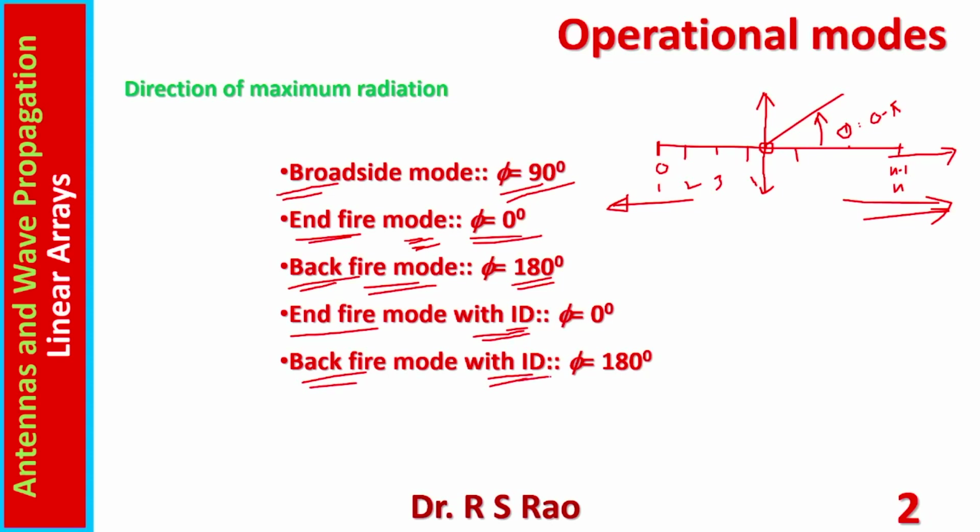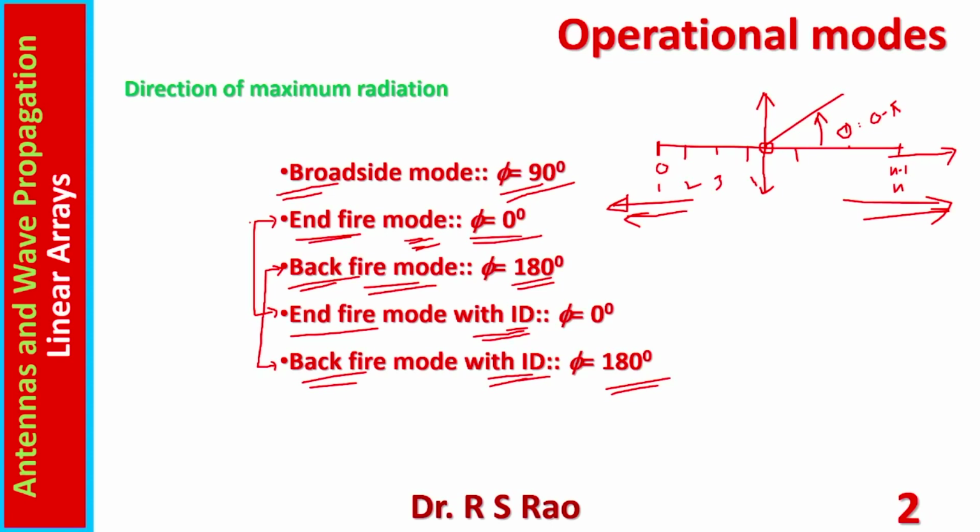In this case, the direction of maximum radiation is opposite to the length of the array, meaning leftwards, like in the case of backfire mode. When it comes to direction of maximum radiation, end fire mode and end fire mode with ID both have the same direction of maximum radiation. Backfire mode and backfire mode with ID both have the same direction of maximum radiation.